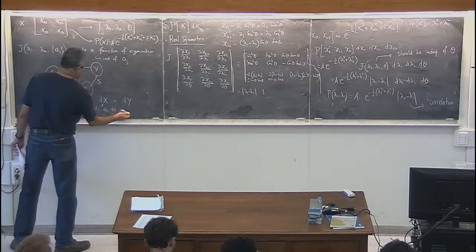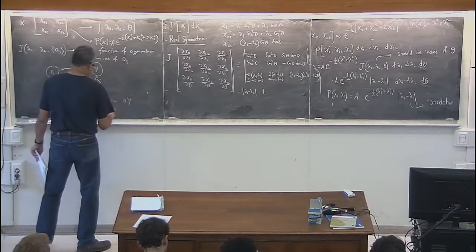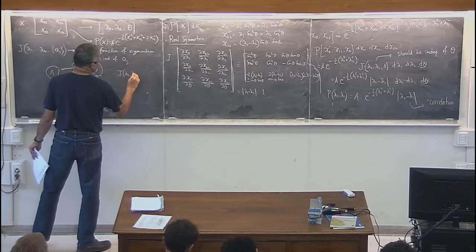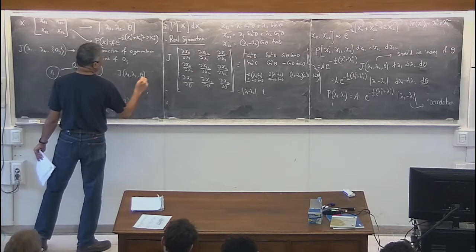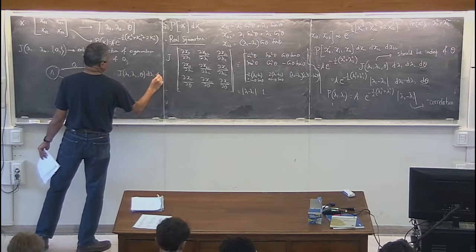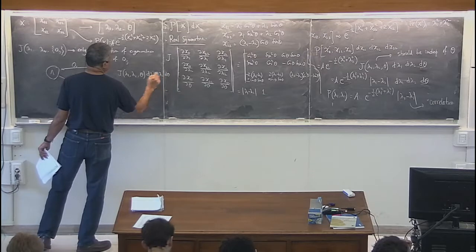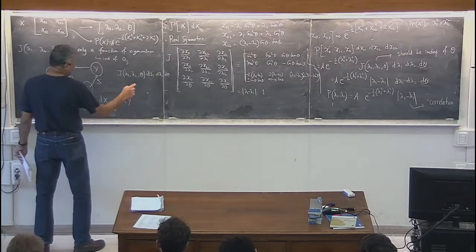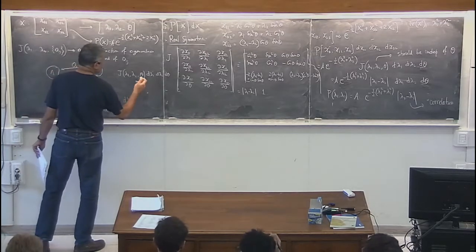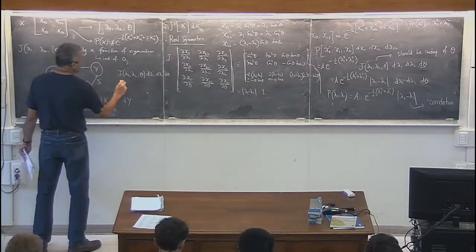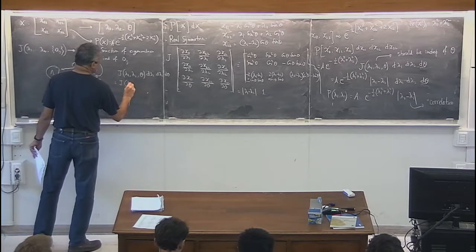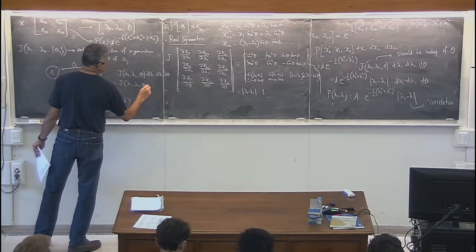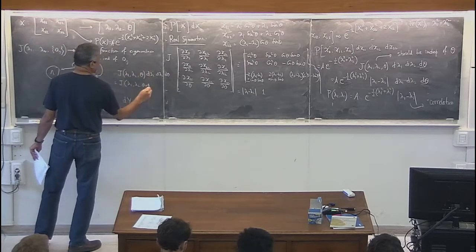Since dx equals dy, if it depended on theta, dy will have a theta prime, which is theta plus some phi, just a rotation.